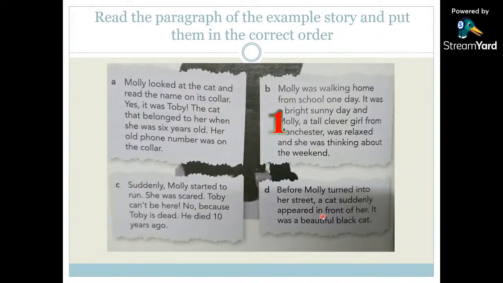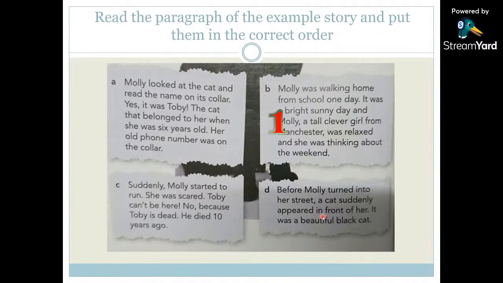Yes, indeed. Molly was walking home from school one day. It was a bright sunny day and Molly, a tall clever girl from Manchester, was relaxed and she was thinking about the weekend. Kenapa B? Sebabnya dia menceritakan tentang waktu, one day. Molly, ada watak, Molly nama watak tu. And then watak tu buat apa?